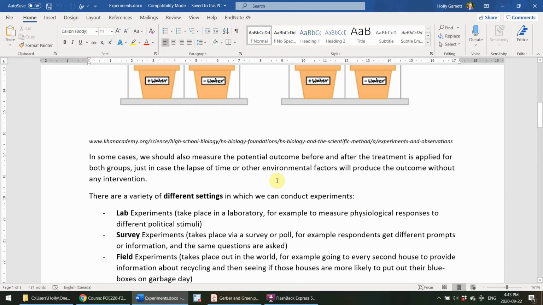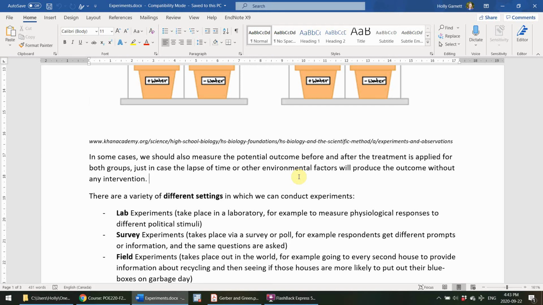In some cases, we should also measure the potential outcome before and after the treatment is applied for both groups, just in case the lapse of time or other environmental factors will produce the outcome without any intervention. So for example, if you're looking at the impact of a policy on childcare over time, you're going to want to also measure what's the change in a group that had no access to childcare.